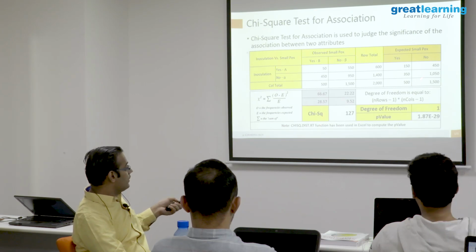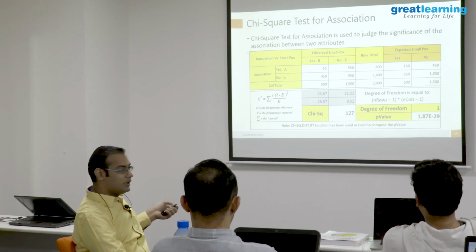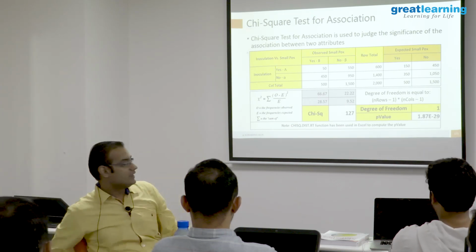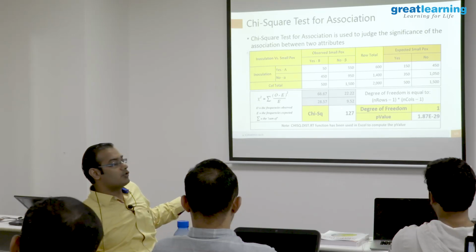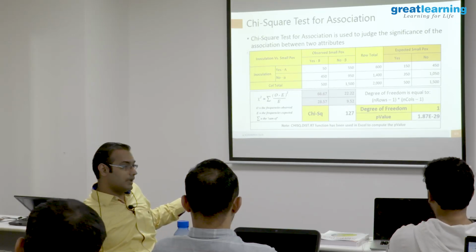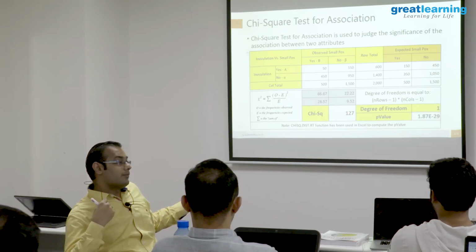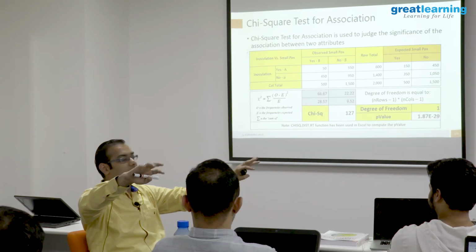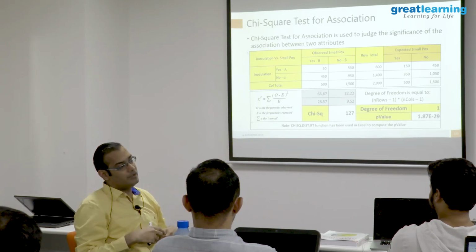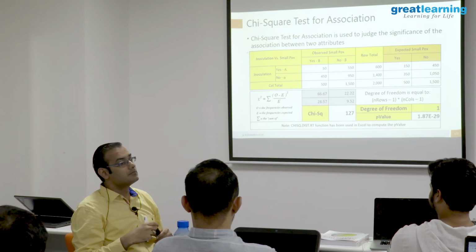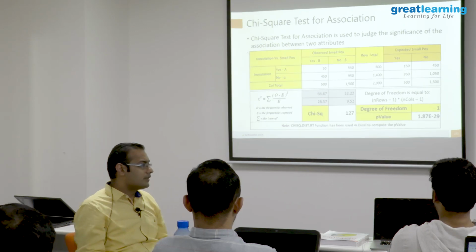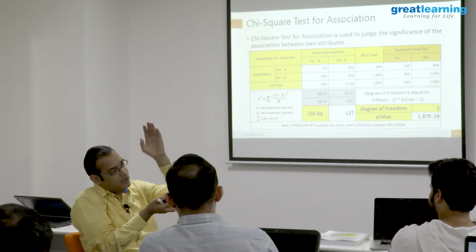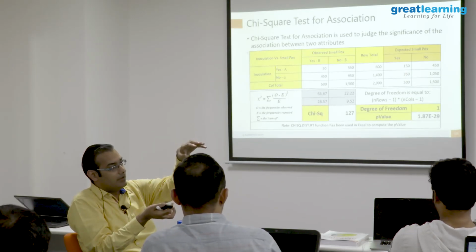Now without even going into the p-value, can you tell me logically, if the chi-squared value is higher, this summation of observed minus expected the whole square divided by expected is higher, does it mean there is a significant difference between observed frequency and expected frequency? Yes, because if observed minus expected is significantly different, then only the square will be significantly different.